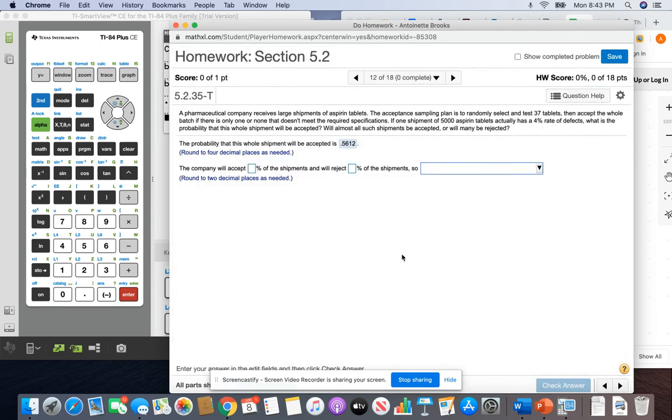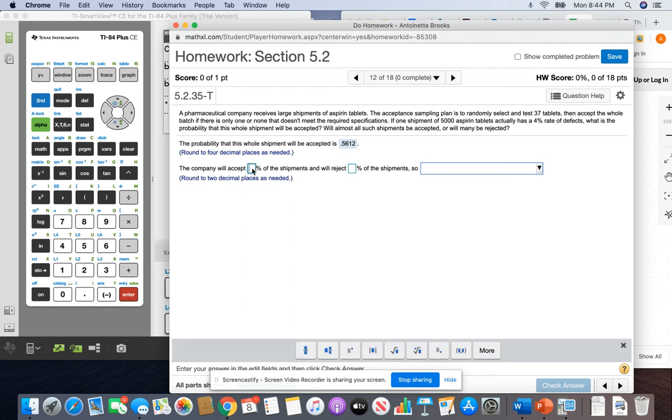Now, the next question asks us, the company will accept blank percent of the shipments and reject blank percent of the shipments.